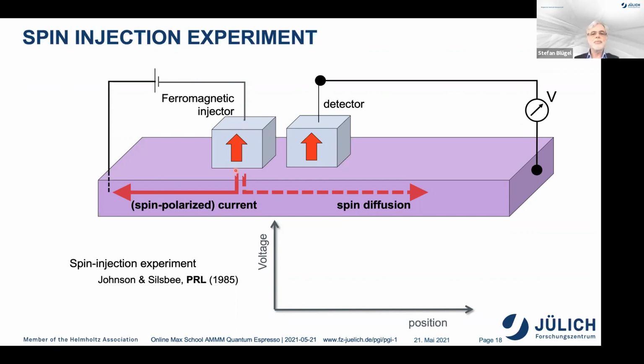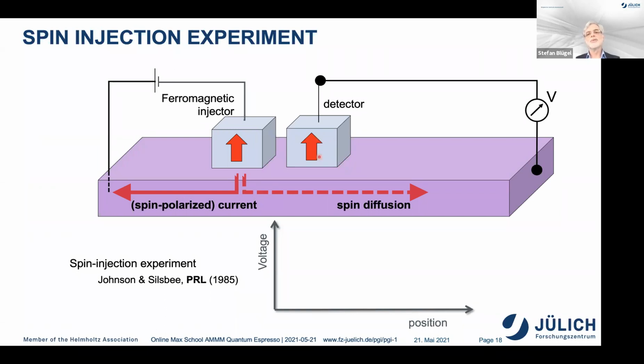And now you have a spin polarized current entering a non-magnetic material, for example, this osmium. And then you have a spin current in this circle. But parallel to this, you have a diffusive current, which diffuses into your solid. And now you can detect this current with your detector.